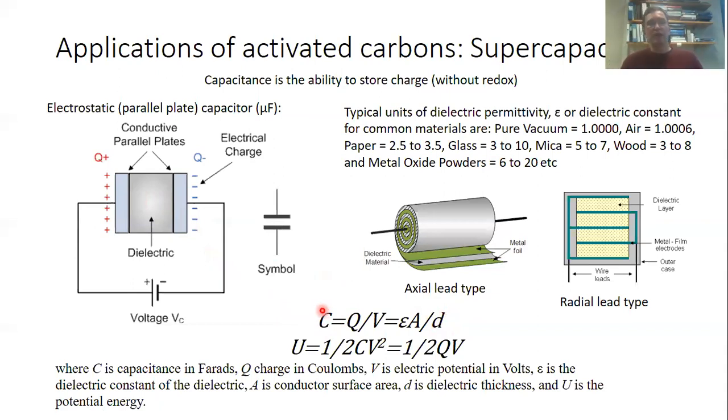Okay, so we can produce a parallel plate capacitor basically two ways. So we know so-called axial lead type capacitors. In this case, we have actually two metal foils that are separated by a sheet which contains the dielectric material.